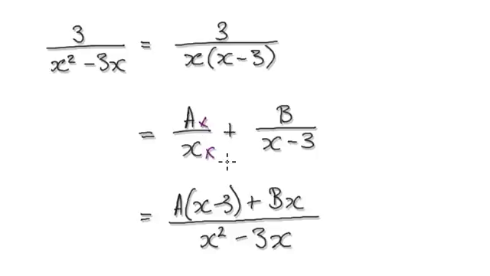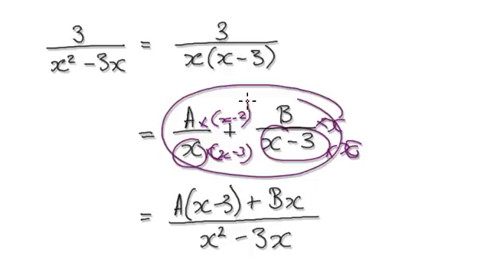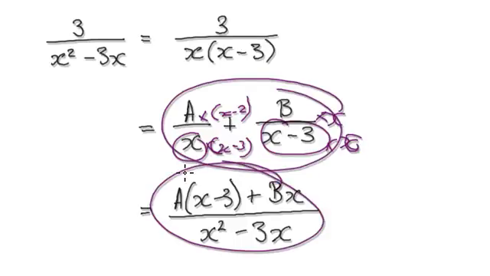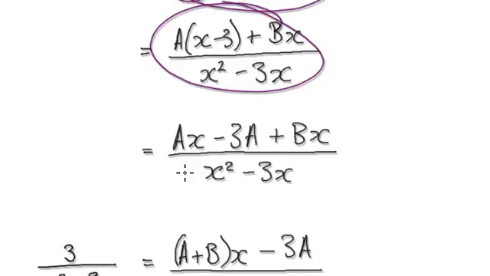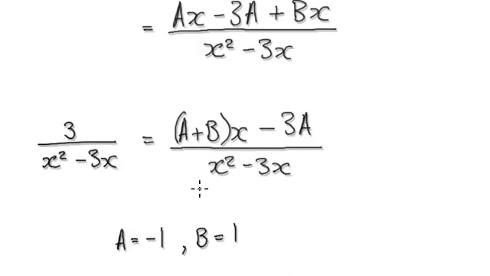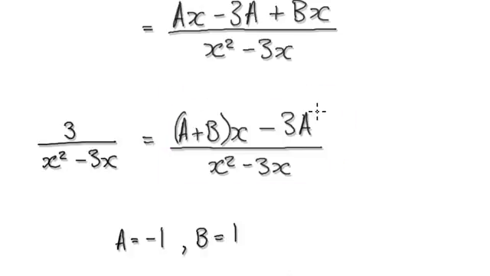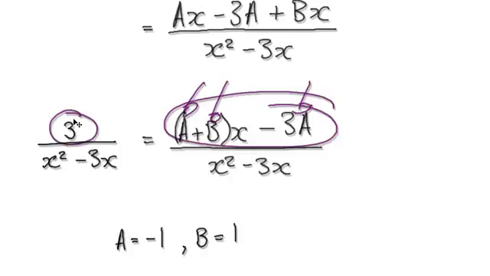So here we would times top and bottom by this thing here, x minus 3, and then here times top and bottom by this thing here, and then the two denominators will be the same. Merge them together, that will then give you this. When you get to this stage, you're trying to find A and B in such a way that this whole thing will be the same as this thing here.